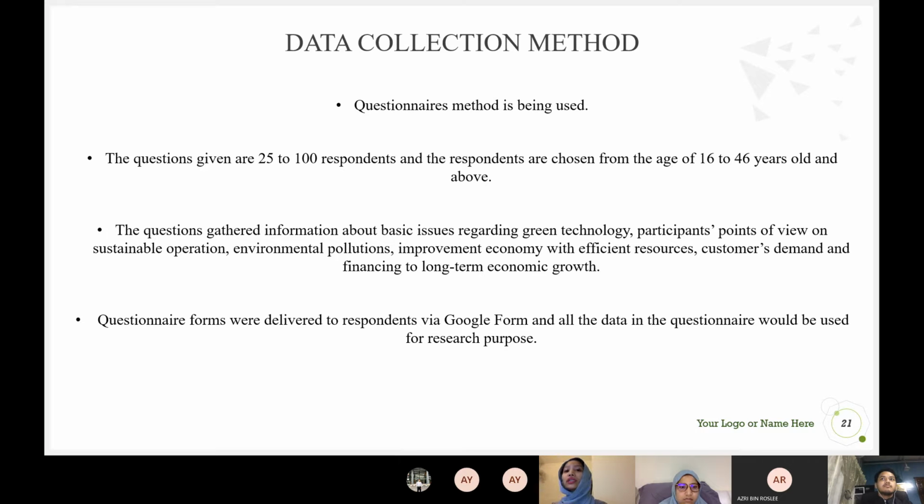The questions gather information about basic issues regarding green technologies, participants' points of view on sustainable operation, environmental pollution, improvement of economy with efficient resources, customers' demand, and financing for long-term economic growth. And the questionnaires were delivered to respondents via Google Form, and all the data in the questionnaires would be used for research purposes. Next.